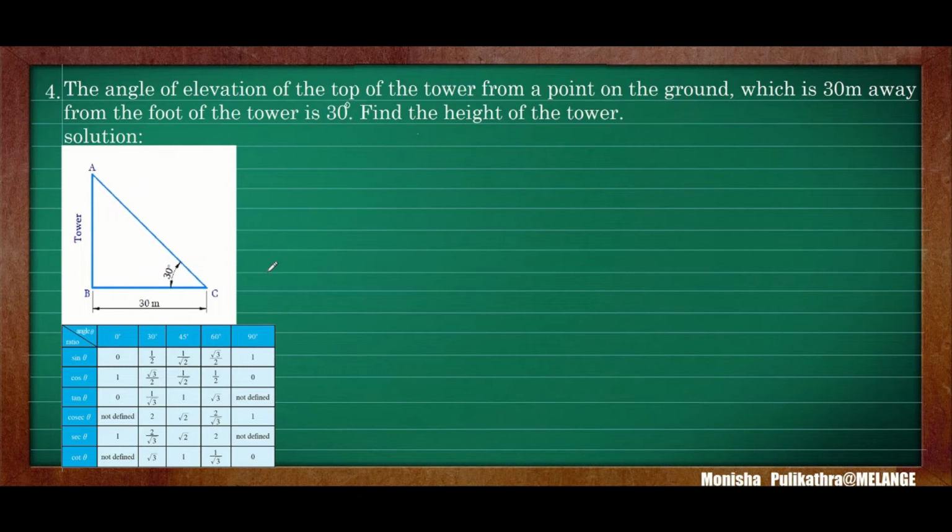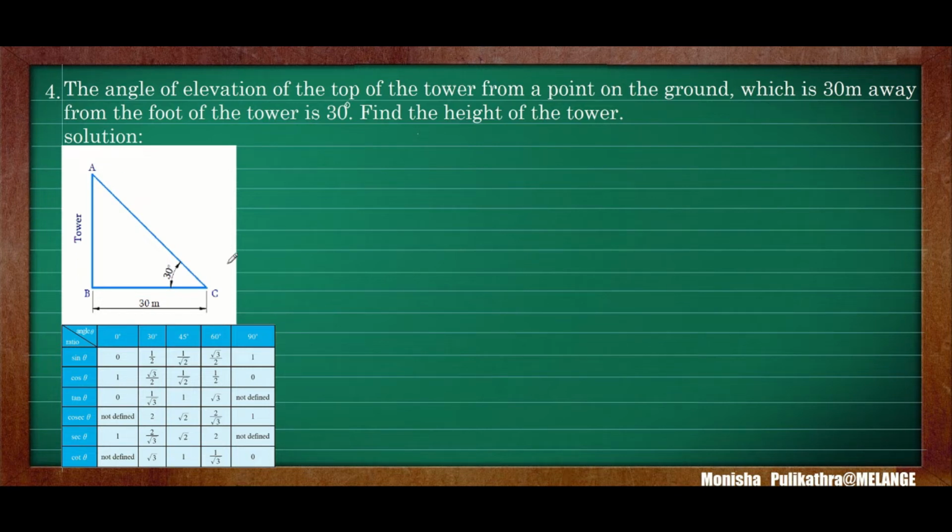Moving on to the fourth problem. The fourth problem is: the angle of elevation of the top of the tower from the point on the ground which is 30 meter away from the foot of the tower is 30 degree. So this is BC, AB is the tower. Okay, and BC is where it touches the ground, and the angle of elevation is 30 degree.